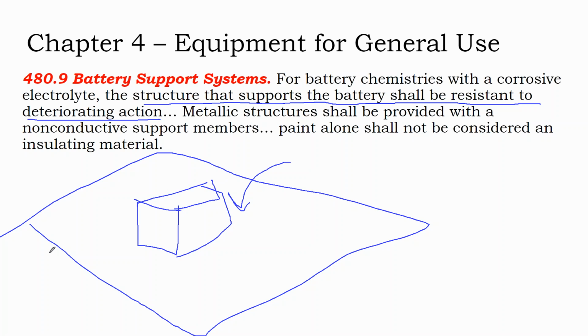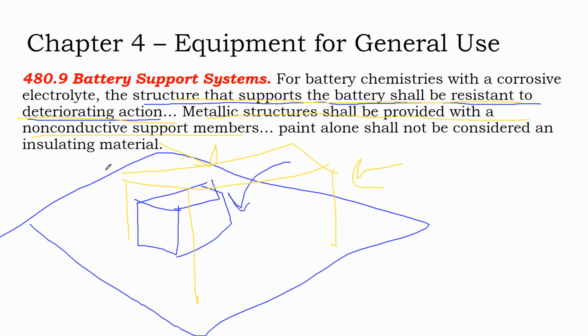So now let's assume our battery bank is going to be twice as big, and we're going to have a shelf here, and we want to put another battery bank on top of the shelf. Well, these batteries are really heavy, so the shelf is going to be made out of metal. But batteries can release corrosive gas, and so it says the support structure should be resistant to the deteriorating action. Metal structures shall be provided with non-conductive support members.